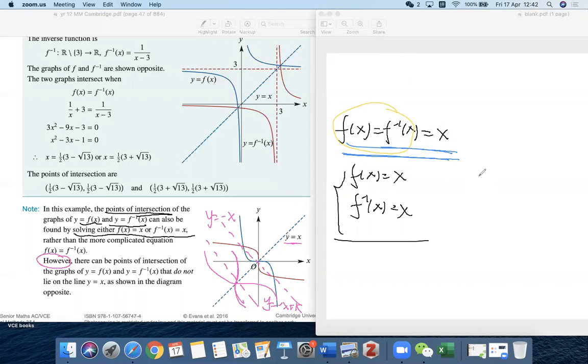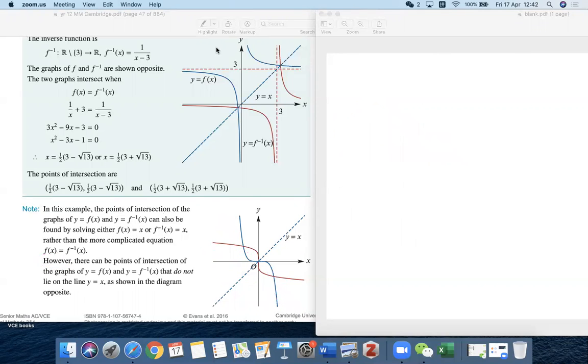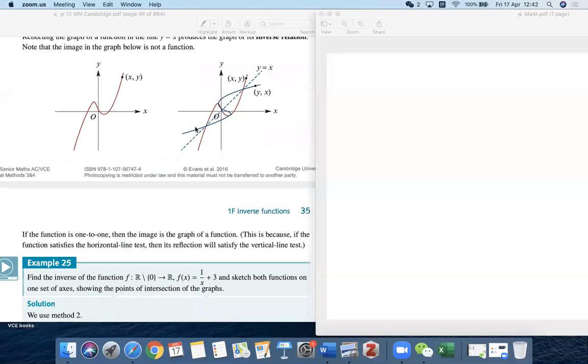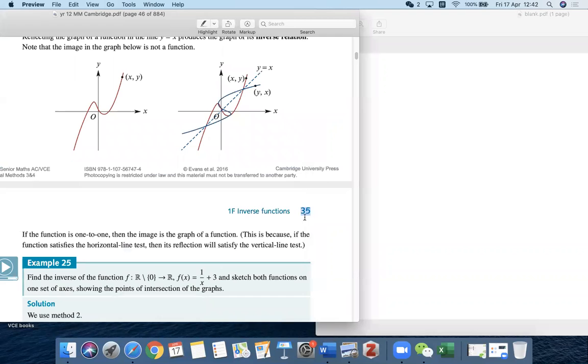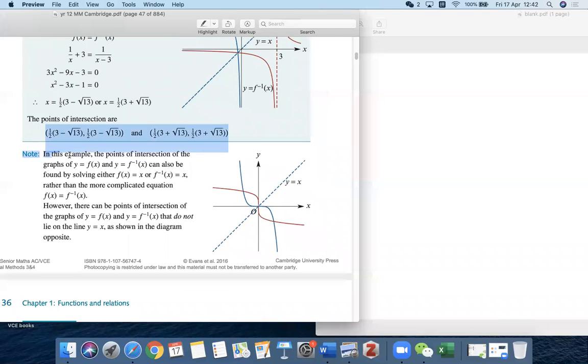So just keep remembering this one, and sometimes you can draw the graph to help you understand this concept. This is on page 35, and this note is pretty important.